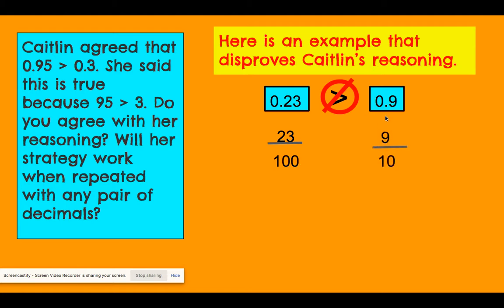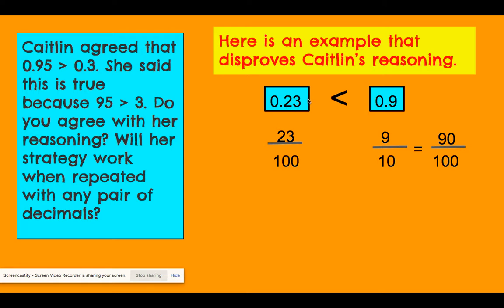Well, 9 tenths looks like this as a fraction, which, as we know, when we convert it, is the same as saying 90 hundredths. Well, here you go. So 23 hundredths is not bigger than 90 hundredths.